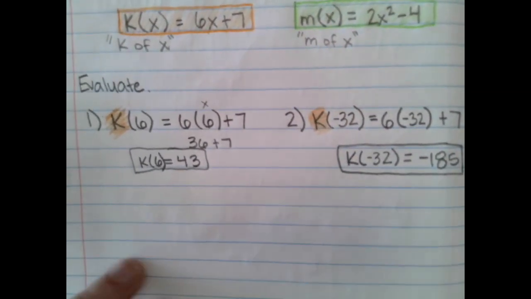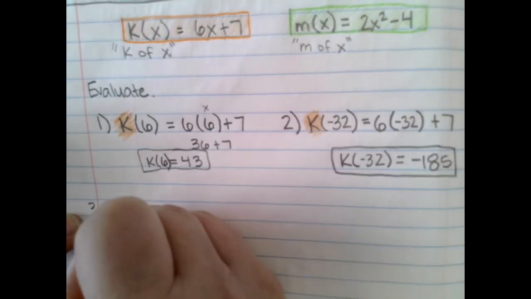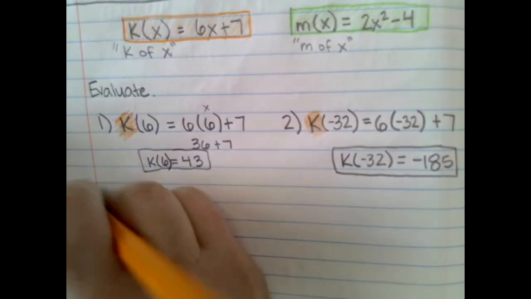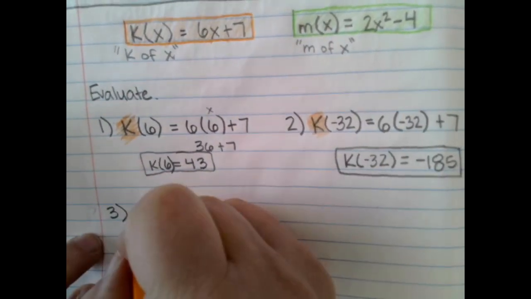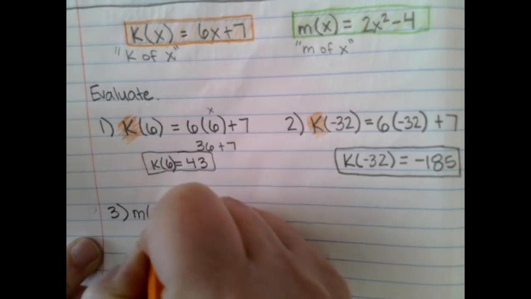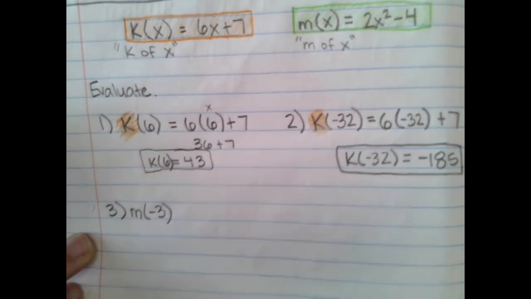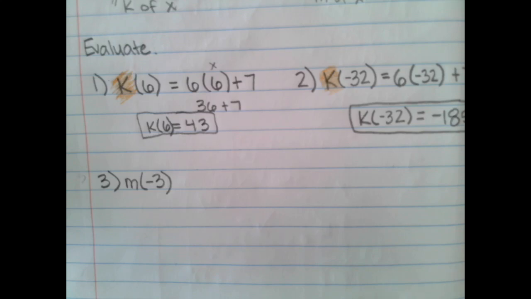All right, number 3, we have m of negative 3. So this time, which function are we using?